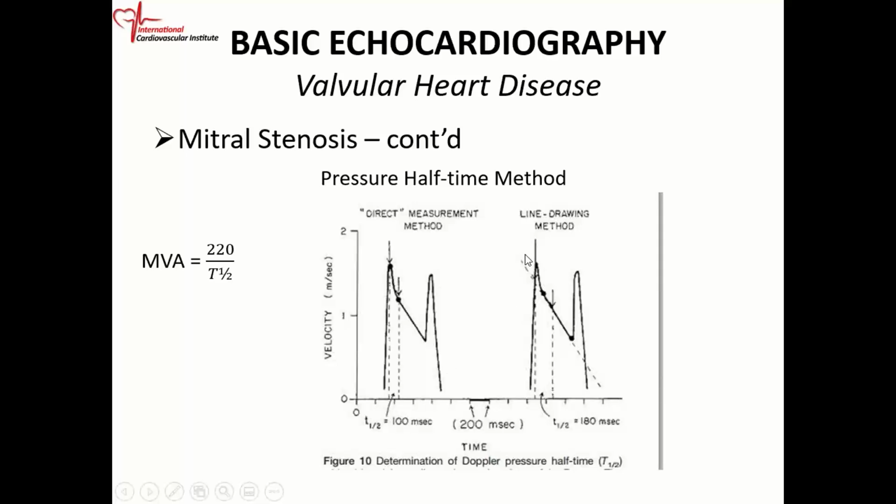So this is the correct way of doing it. Okay. Remember, if you do the slope and you get deceleration time, remember pressure half time is 0.29 times the deceleration time. So you have to always have these little numbers in your head. It is the time it takes the pressure to fall to 1/2, okay?